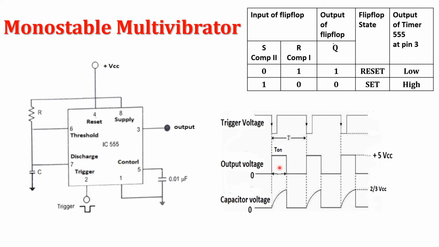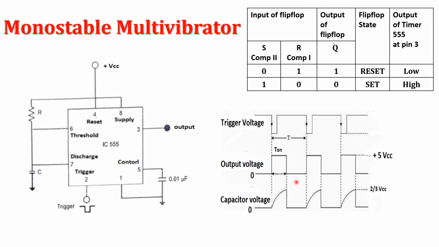Hence, the output of the multivibrator goes from stable state to quasi-stable state, and that continues until the next trigger is given at pin 2. Hence, the output of the timer stays low until the next trigger pulse is applied.